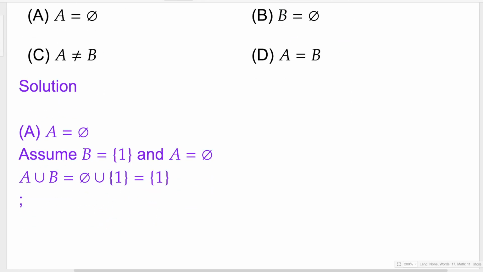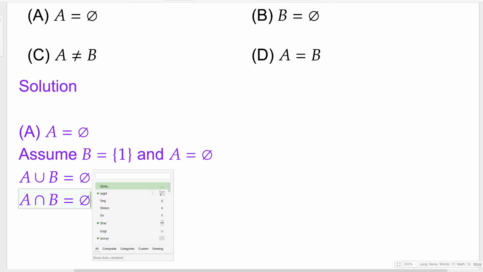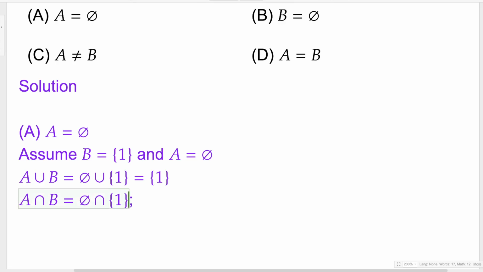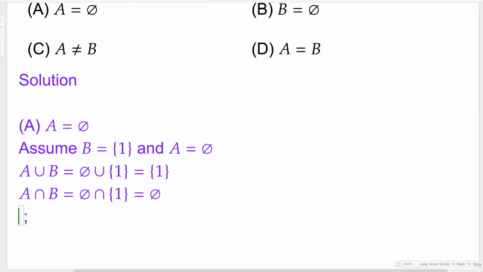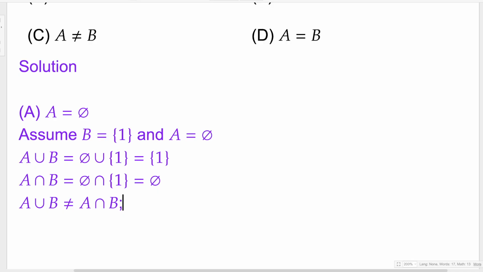Now let's compute A intersection B. If I take the intersection operation, nothing comes out common, right? So the empty set intersection with the singleton set 1 gives the empty set. So from this we can say that A union B is not equal to A intersection B. So this is the conclusion for option A.